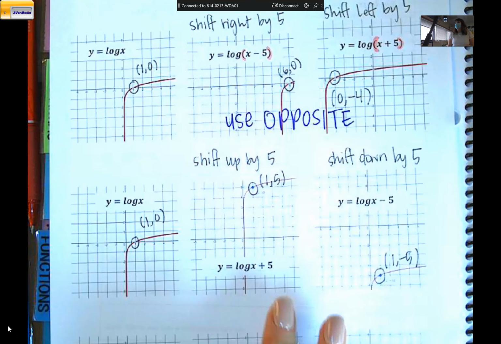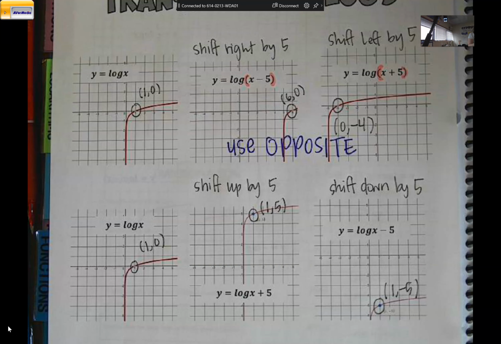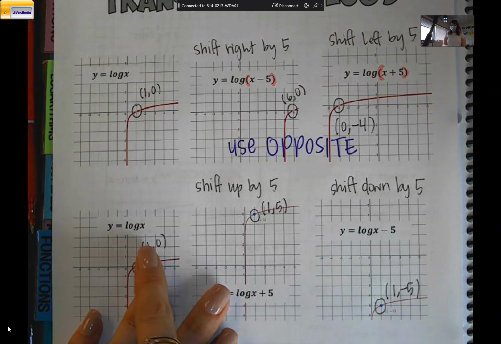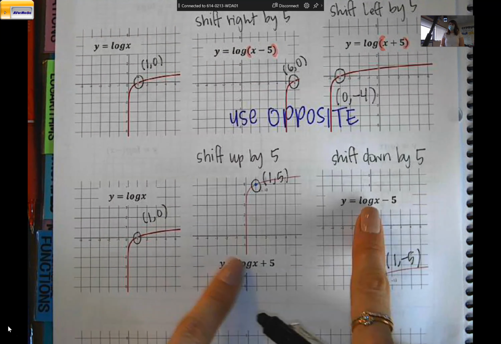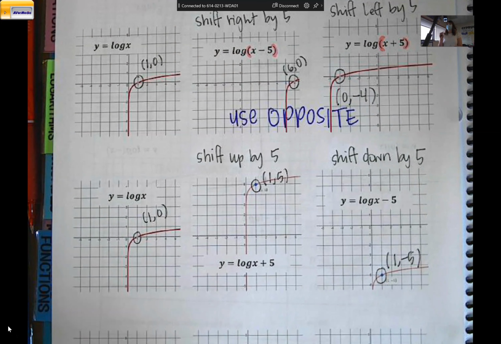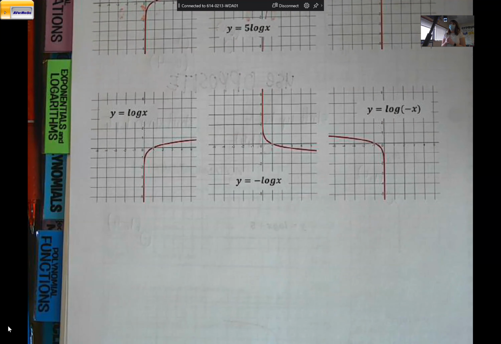And these are the same rules for any function that we've talked about so far this year. If your number is trapped in with the x, you're moving left or right. If it's outside of the x and being added or subtracted to the entire function, it's an up or down shift. So then the next easiest is the reflections, and that's on the back page.